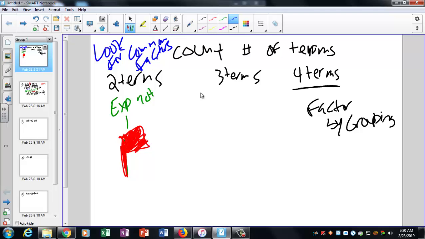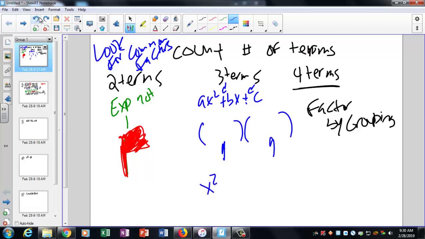If there's 3 terms, ax squared, bx, c, or whatever the case may be, the first thing I want you to do is identify that sign. That last sign tells me how these 2 signs will go here. If that last sign is positive, these 2 signs are the same as the middle one.